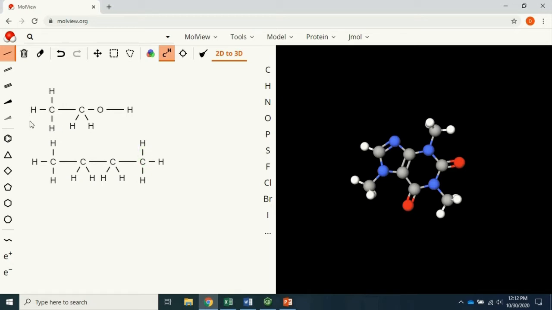So I'm going to convert this to a double bond, and I'm going to put an OH over there, and this will become an O, and an H, and this portion will disappear.